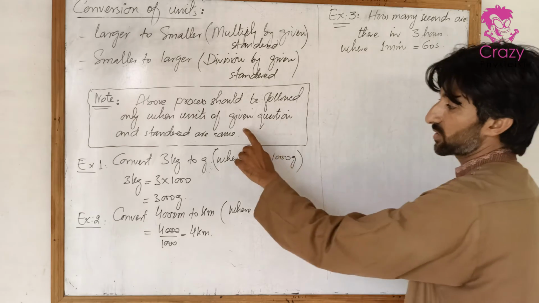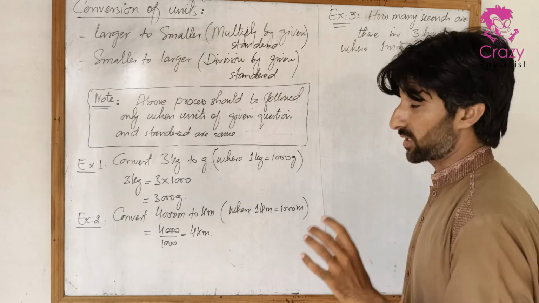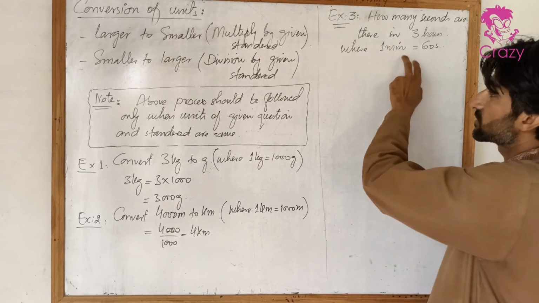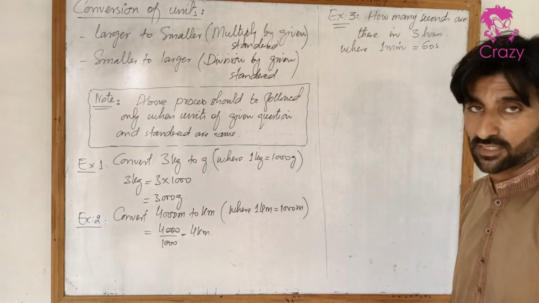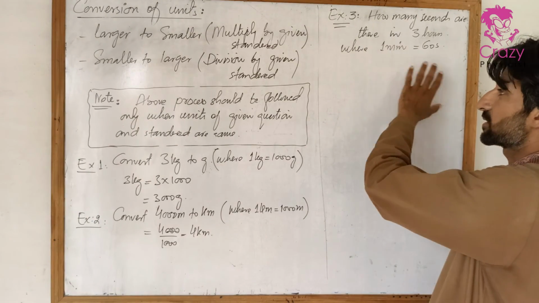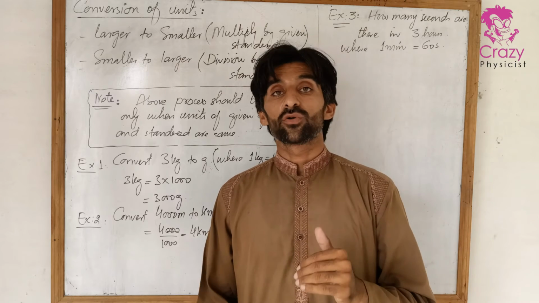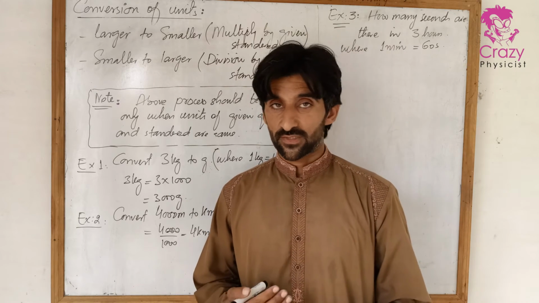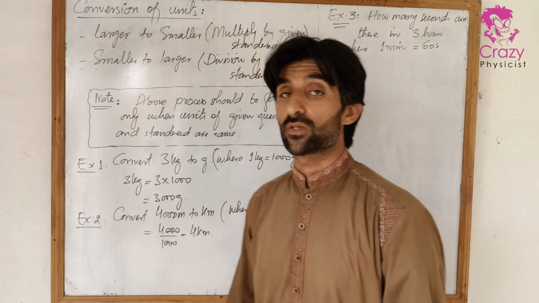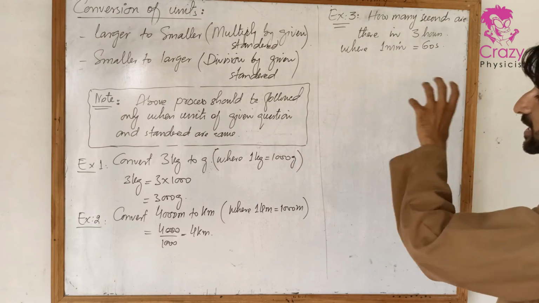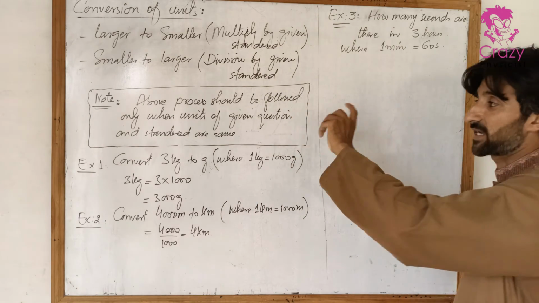So the important note was that the units of the given question and the standard must be the same. But in this case, you can see that they are not the same. I told you earlier that whenever we have such a condition, we have to convert them, making them totally satisfy this equation.